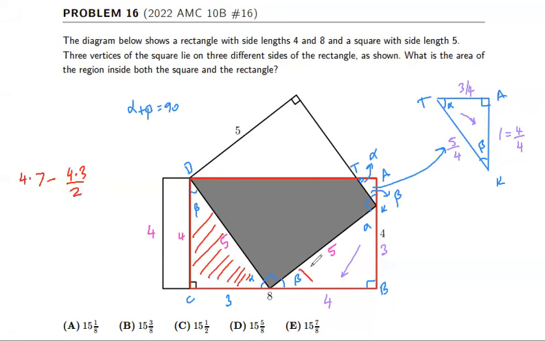And then I have the same thing right here, so I can multiply this by 2. And then I have this smaller triangle, which is 3/4 and 1, so 3/4 times 1/2. If you subtract those, you will get 15 and 5/8, and that is your answer.